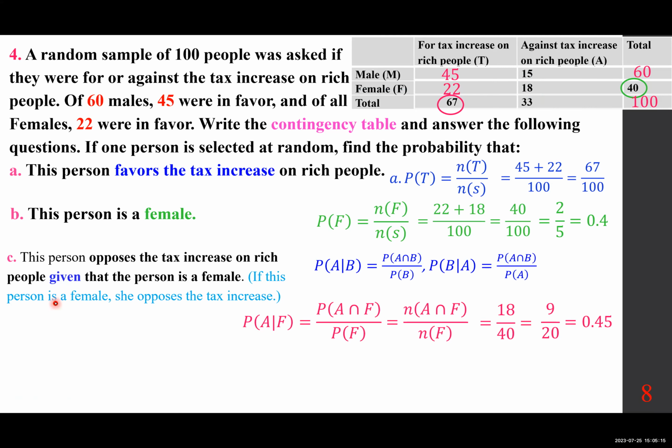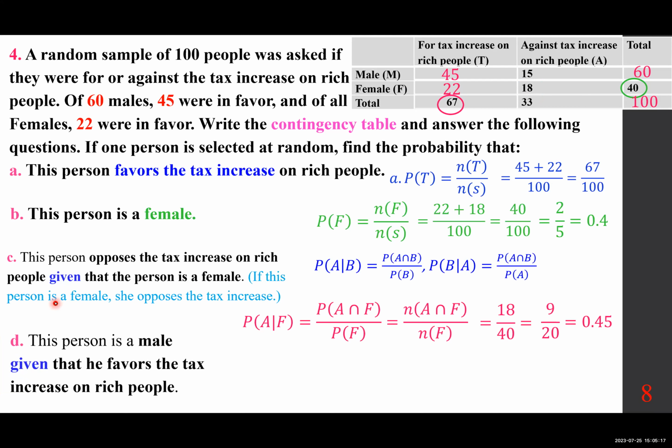So pay attention to the conditional probability. This person is a male given that he favors the tax increase on rich people. So probability of M given, if you go with this probability of A given B, so this is M given that he favors the tax increase.